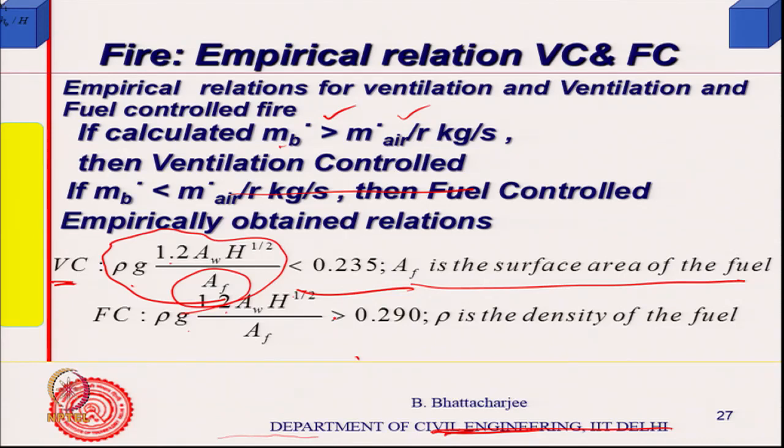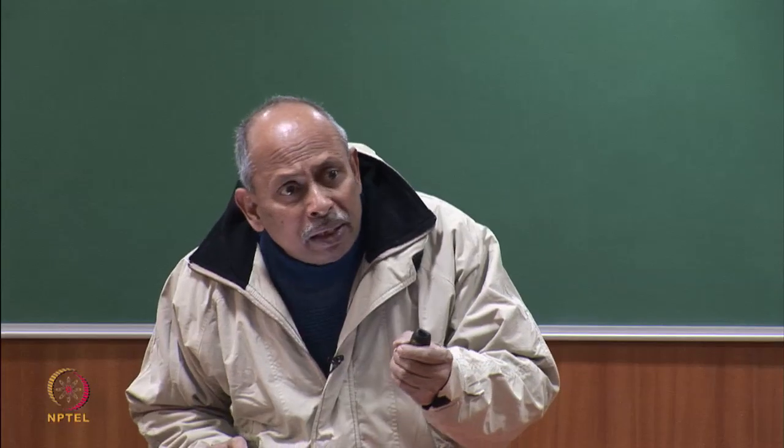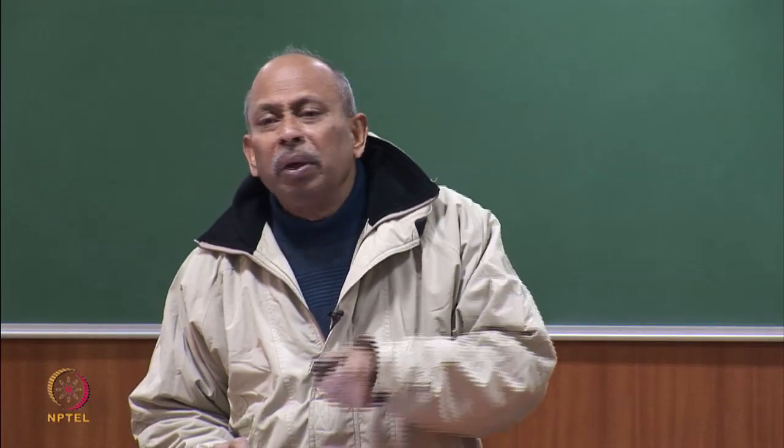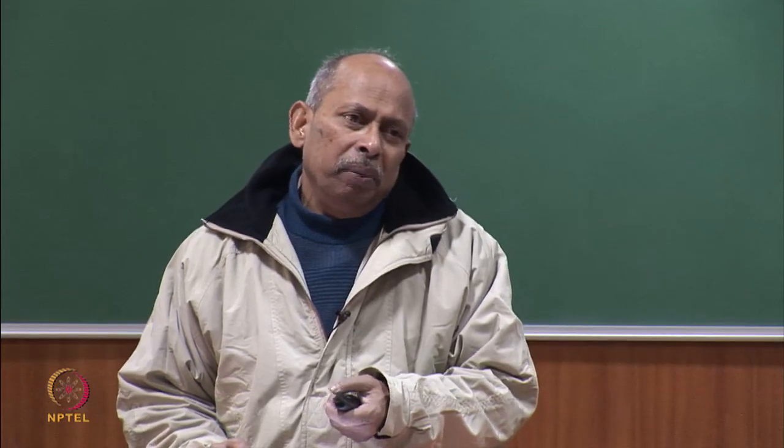If this is greater than this, because this is the density of air, and this is the density of the fuel, g obviously is there. So, one can calculate this out. If this is greater than 0.235 in a room, and this is the surface area of the fuel, then in a compartment, whether it will be ventilation controlled in the fully developed state or fuel controlled, you can find out from this sort of empirical relationship.